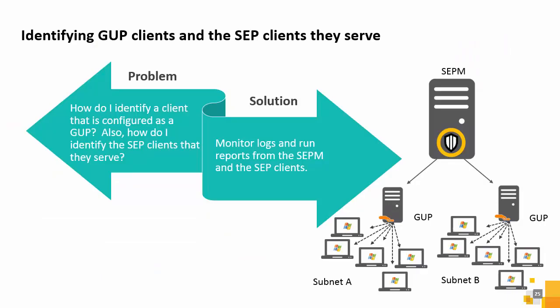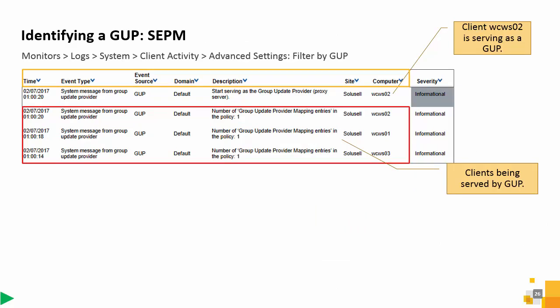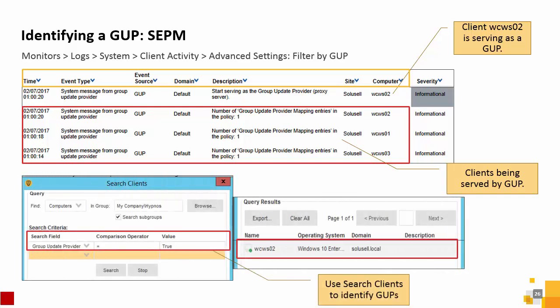The following slides show you how to identify SEP clients that are configured as GUPs. You can identify GUPs and the clients that they serve from the SEPM by monitoring the System Client Activity Log and filtering by GUP as the event source. You can also access the Clients, Search Clients page.